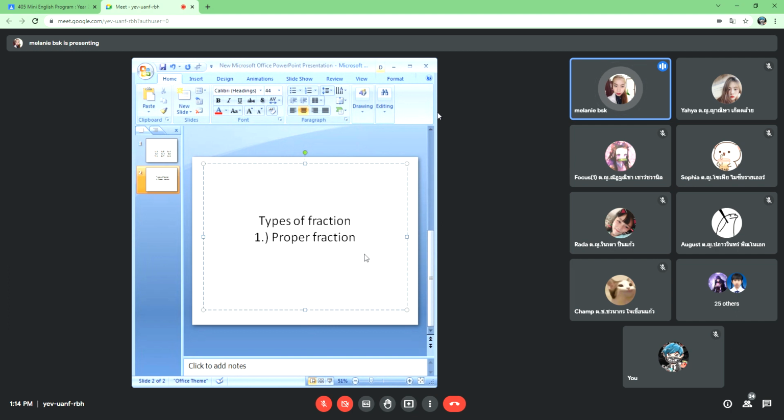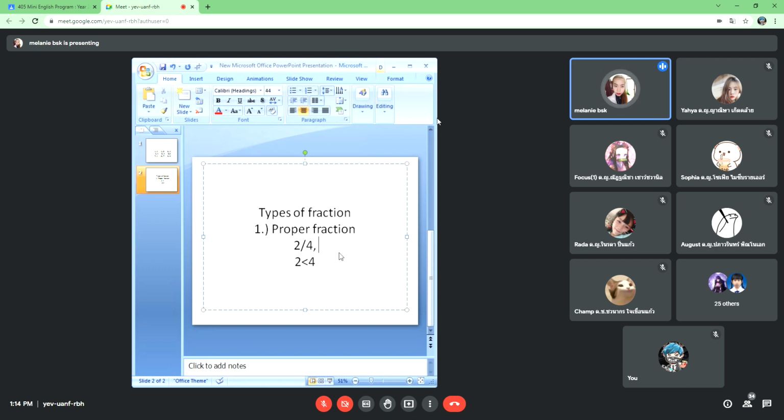It means, if the numerator is less than the denominator, what does it mean? For example, we have 2 over 4. Okay, so 2 is less than 4. So this one is a proper fraction, 2 over 4.